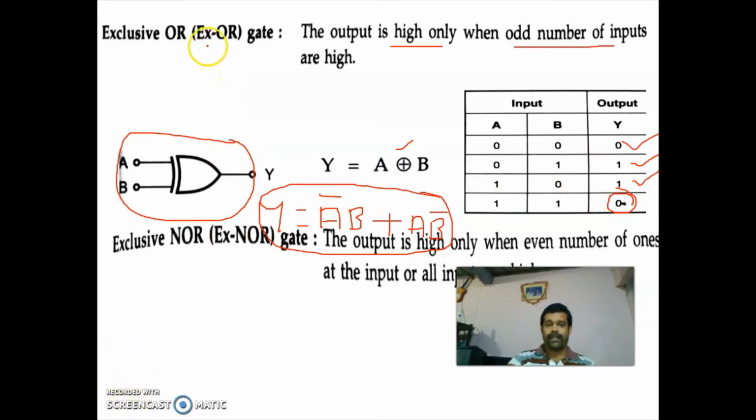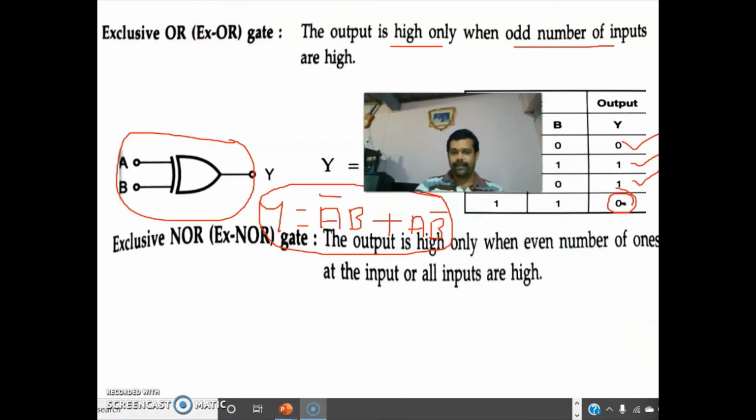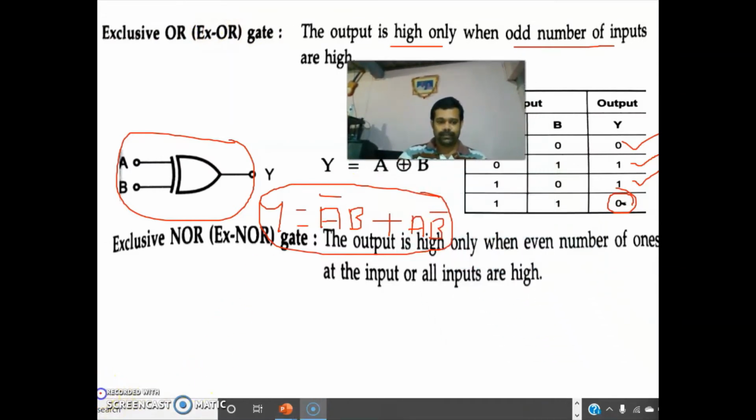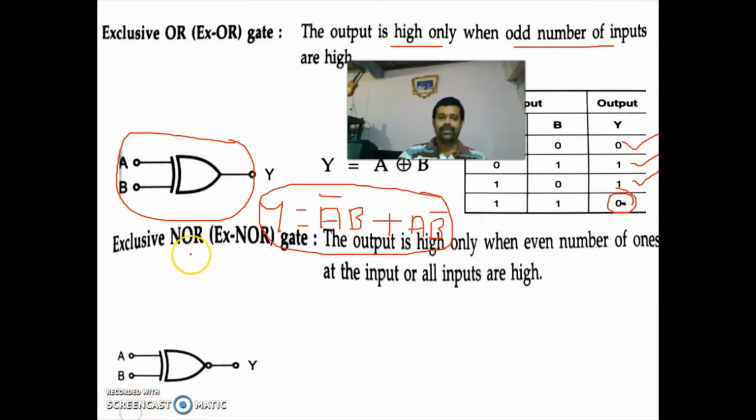Next, XOR is also called exclusive OR, which we call XOR for short. The next gate is exclusive NOR.